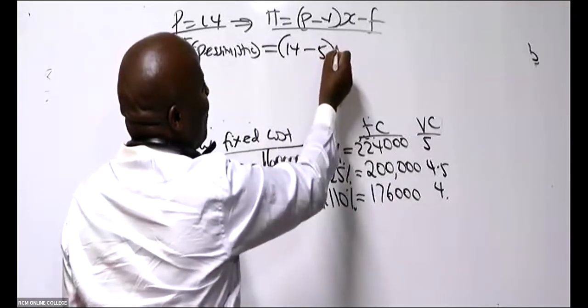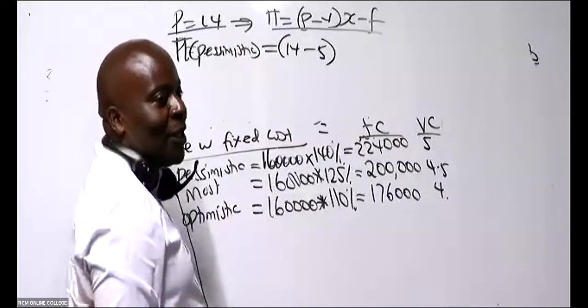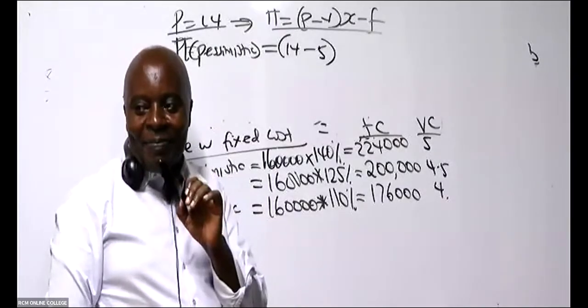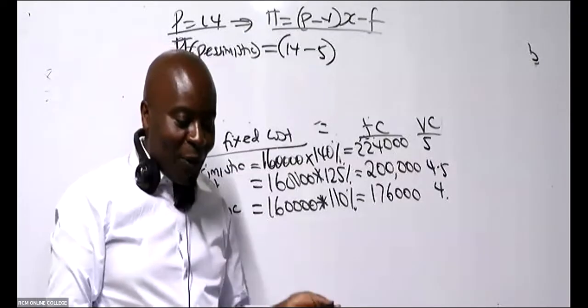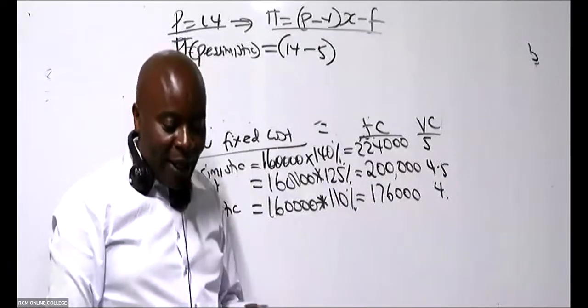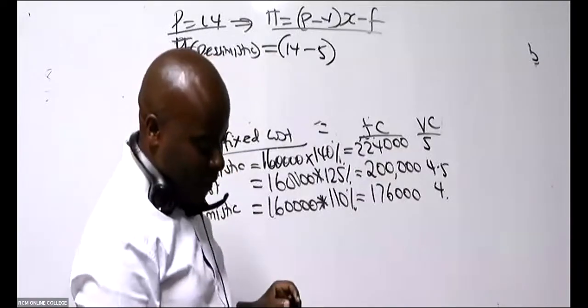Under pessimism, at the price of 14, are you able to see the quantity? Most of them can't see it because in an exam, most of them will use 80,000.